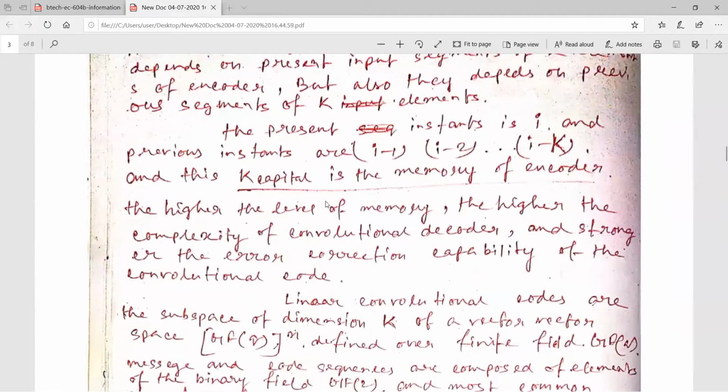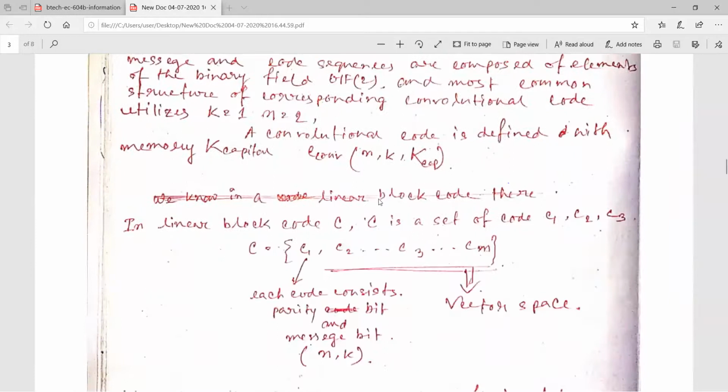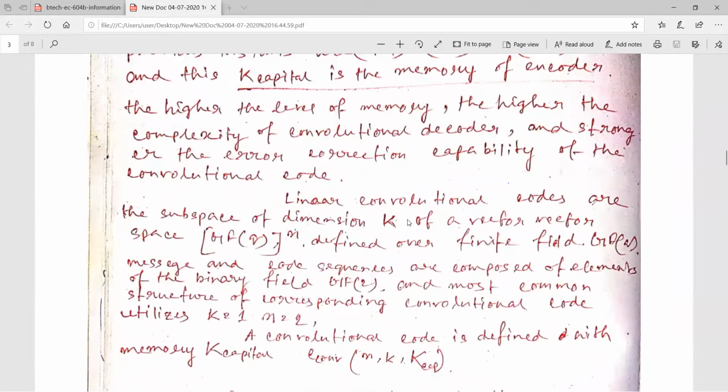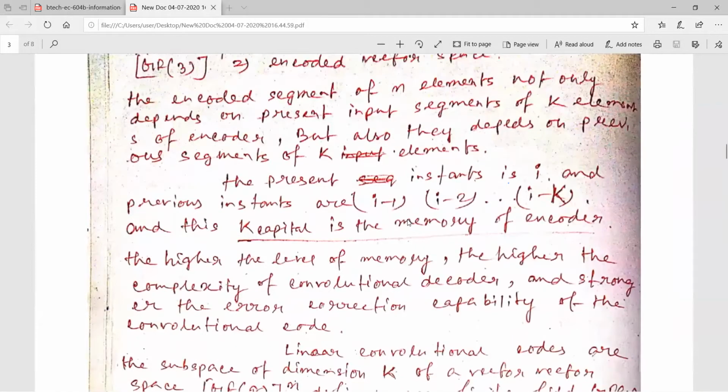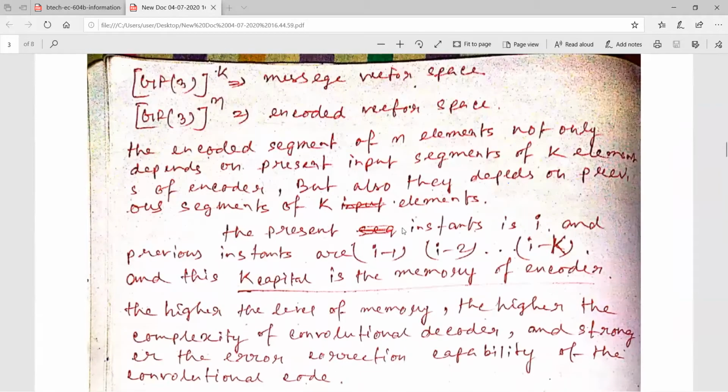Now here is some conceptual thing. This is the capital K, the memory section, and this is very important; you have to remember this property: the n encoded bits depend not only on the present input sequence of k elements of the encoder, but also on the previous segments of the k elements.